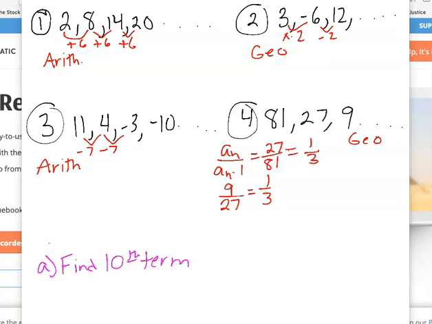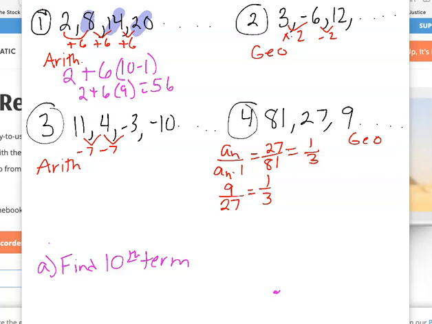If I was to look at the arithmetic one, to find the 10th term, I start at 2, and I'm adding 6, but to get the 10th term, how many times do we really have to add 6? Because to get to the second term, I add it once, twice, 3 times, so it's 1 less than the term, so times 10 minus 1. So it'd be 2 plus 6 times 9. So we have 56.